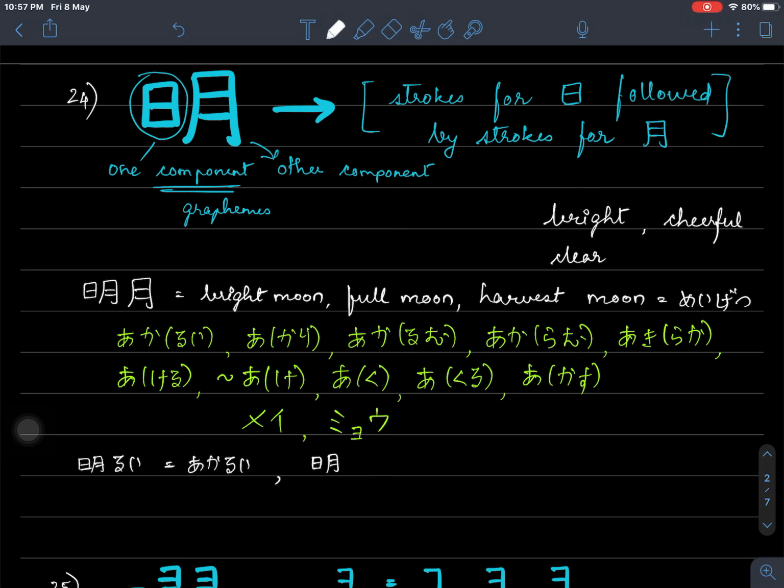Oops, hold on. So this will be read as akirakana.